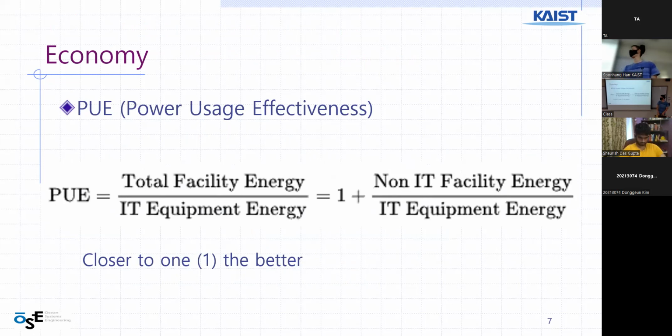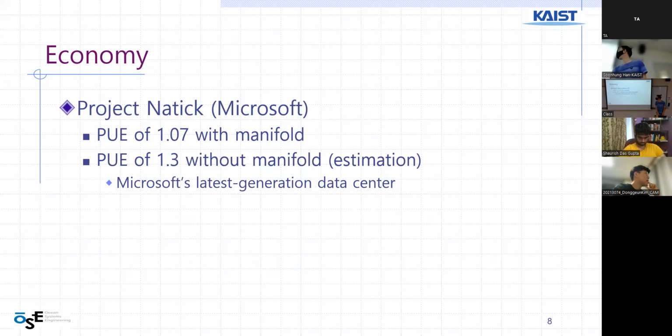The closer it is to 1, the better, since then the energy is concentrated on the IT equipment. PUE is also a ratio that describes how efficiently a computer data center uses energy, specifically how much energy is used by the computing equipment compared to other things.